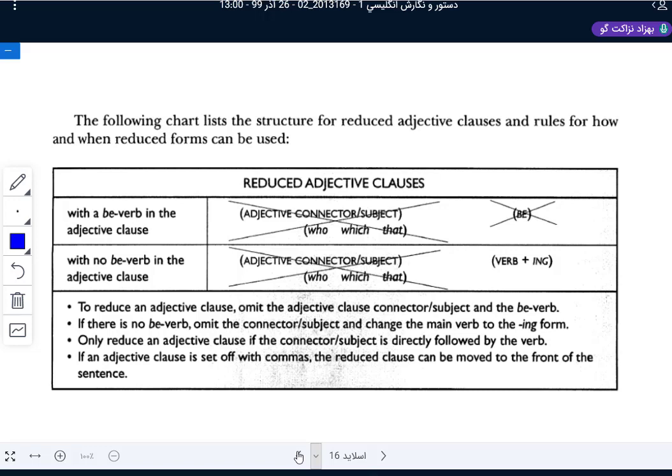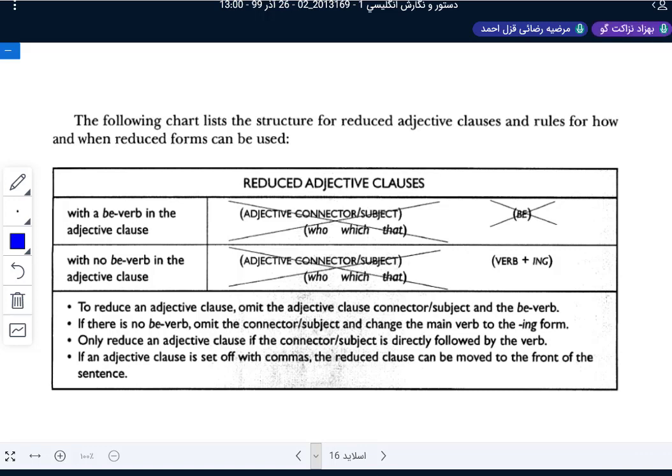Okay, let's see how we can reduce adjectival clauses. Go on, please, Marcia. The following chart lists the structures of reduced adjective clauses and rules for how and when reduced forms can be used.